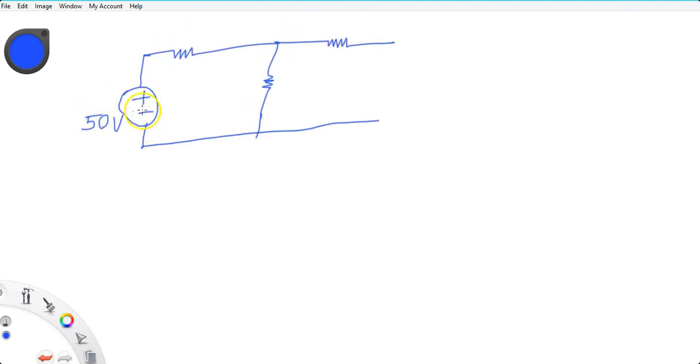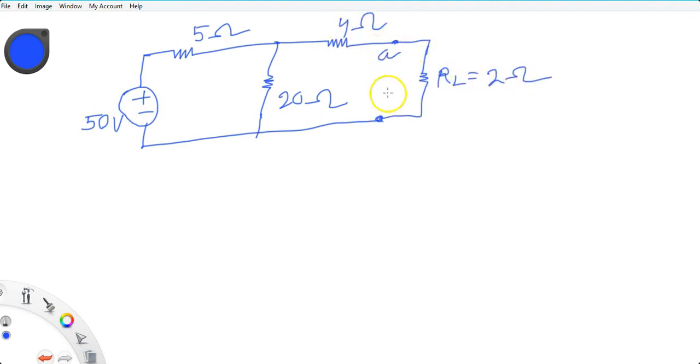Find the Thevenin equivalent circuit at AB and find the current through the 2 ohm resistor. We need to find the Thevenin equivalent at A and B and then find the current through this. First of all, you will cut here.